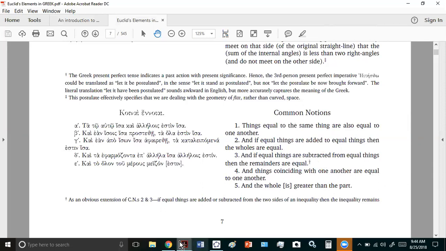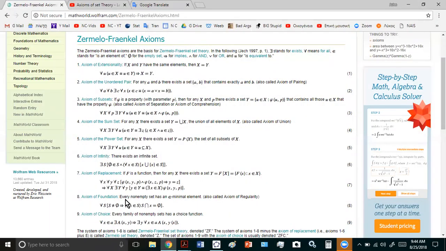Now, these 5 objects were replaced by this hogwash, Zermelo-Fraenkel axioms, okay? And so initially, we didn't even have all of these. For example, initially, we didn't even have the axiom of foundation and the axiom of choice. And these are belief axioms. Also, the axiom of infinity was initially all we had were these first 5, and then they found out that there were contradictions and paradoxes, so they added in some beliefs, the axiom of infinity, replacement, foundation, and choice.